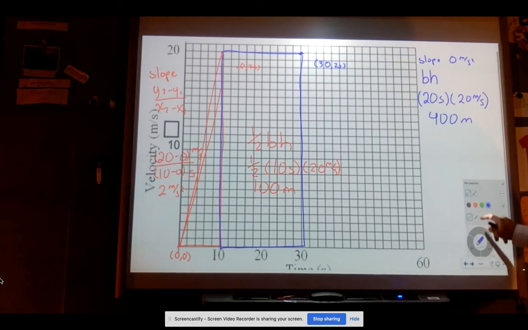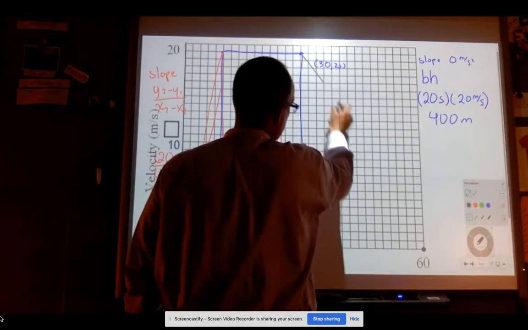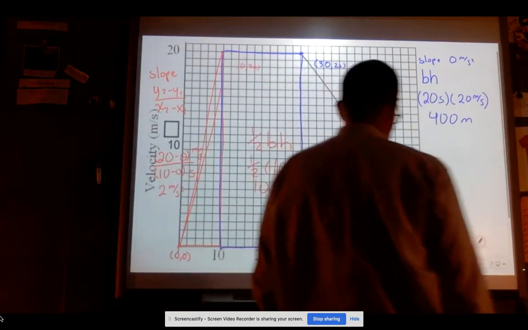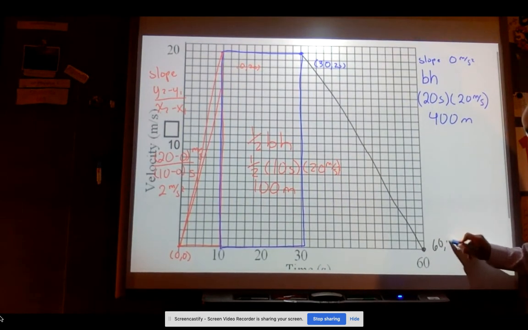In the last increment, I return back to my starting speed, which is a speed of 0, and this would be at 60, 0.